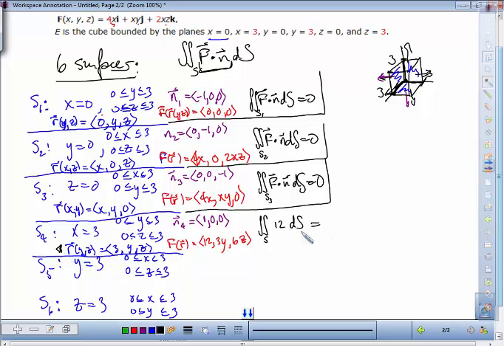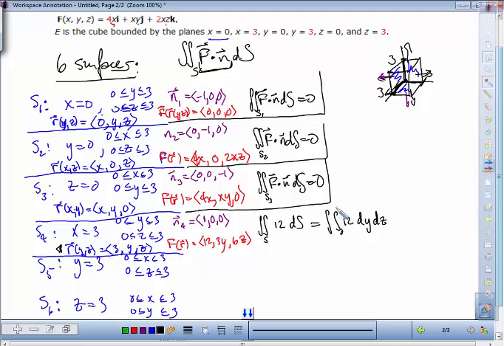So this is my S parameterization. I'm going to make this into a double integral with limits from 0 to 3 in my y direction, or I'm sorry, should be y and z, dy dz.